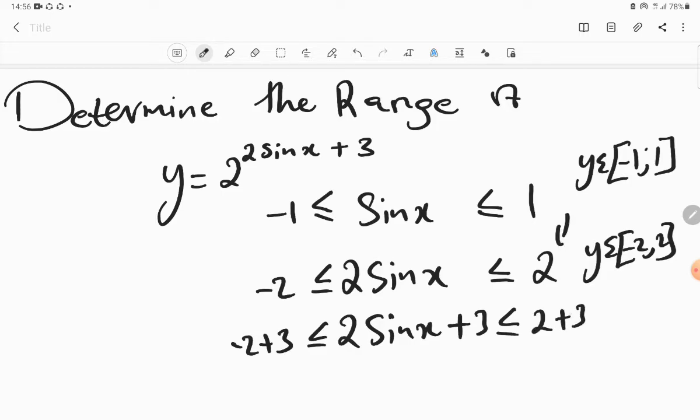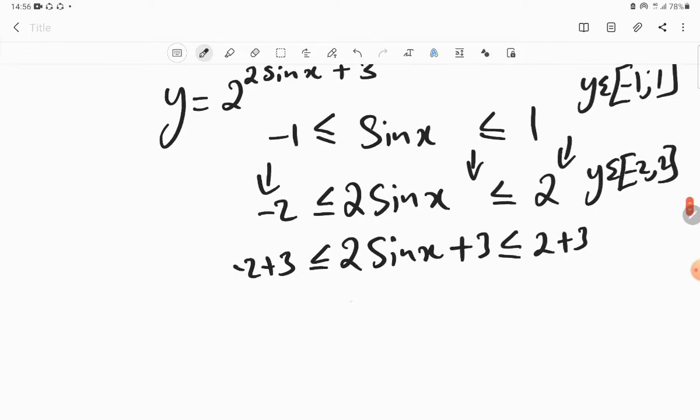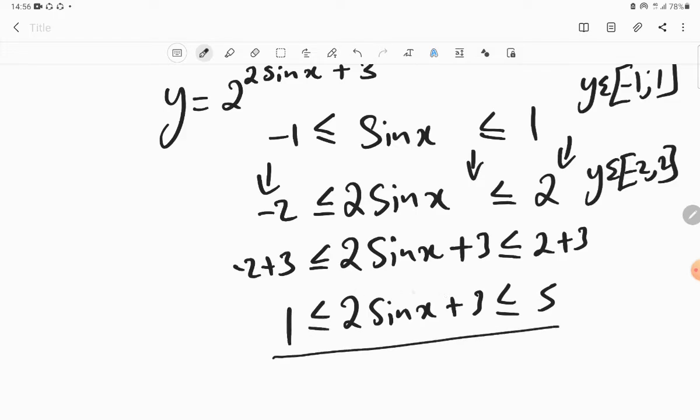We are just adding 3 since we added 3 here to get 2 sine x plus 3. So the simplified one now is 2 plus 3, which is 5, then -2 plus 3, which is 1. So this is the range of this one.